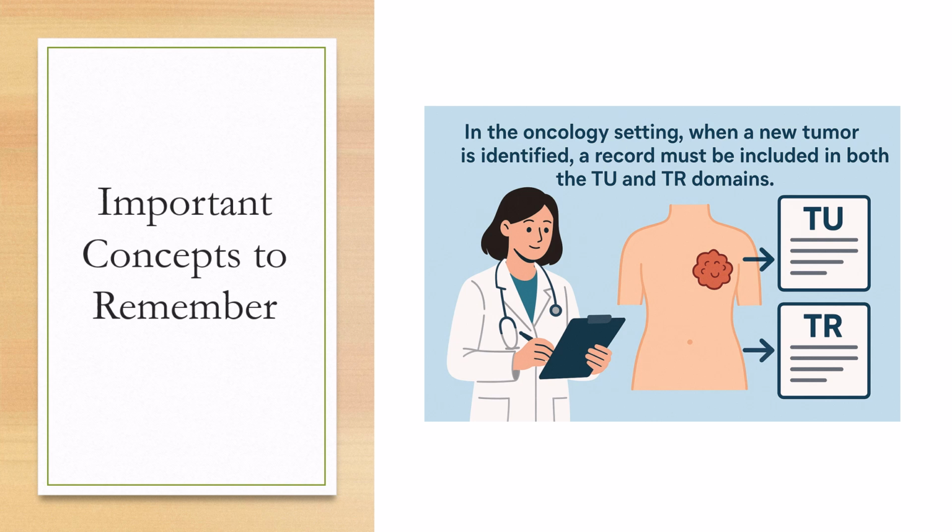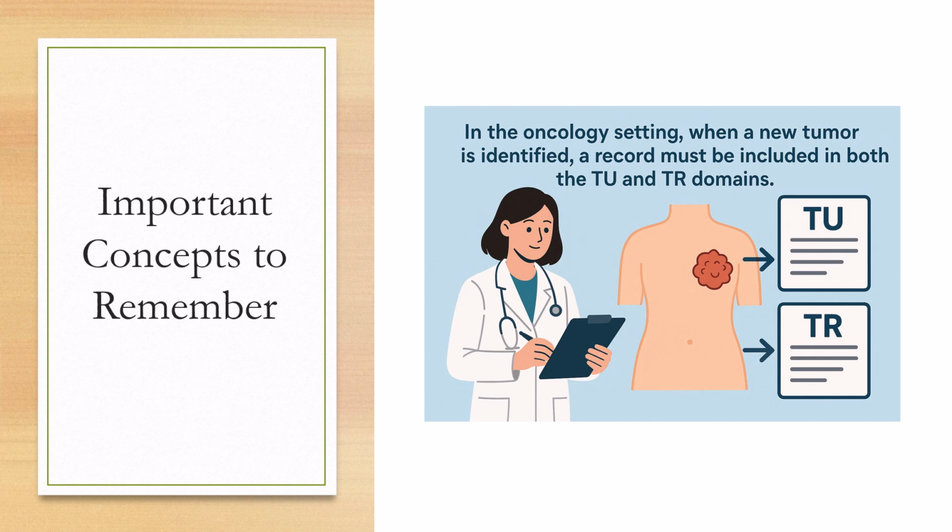The second scenario is that along with the information of a new tumor, we are also capturing the anatomical location of that newly identified tumor or lesion. In that case, in the TU dataset, for the created record, we will also have the information populated for TULOC, which is the tumor location.